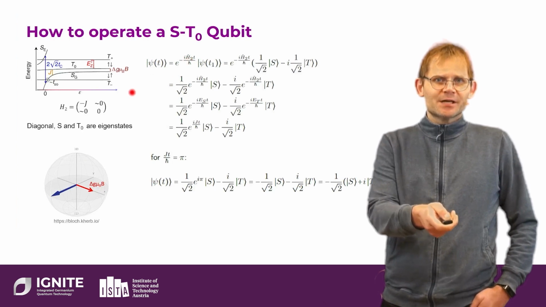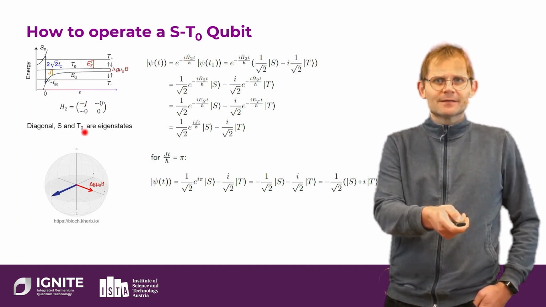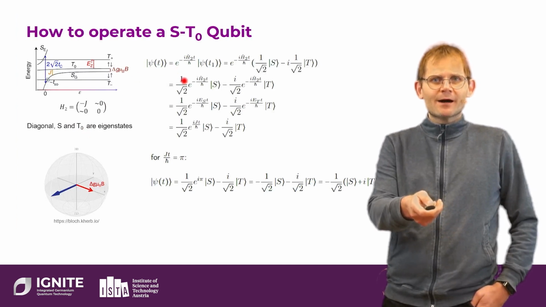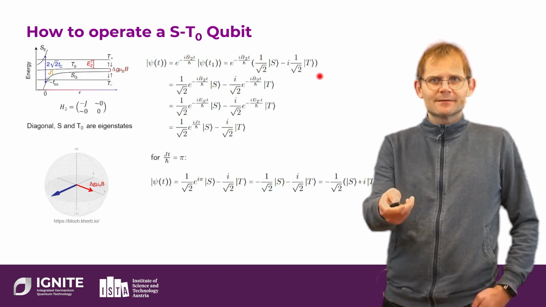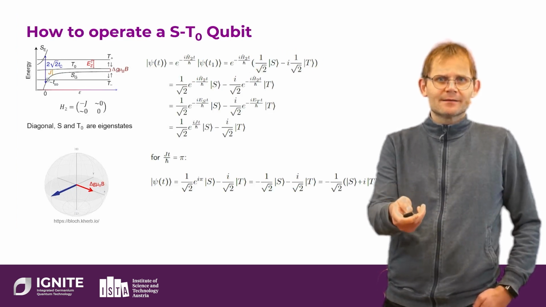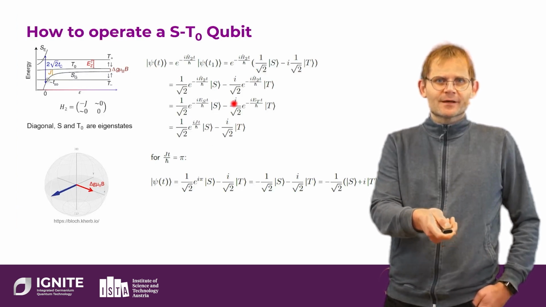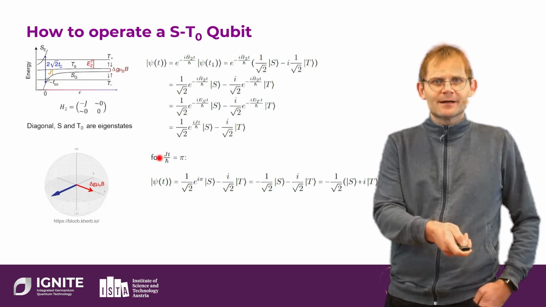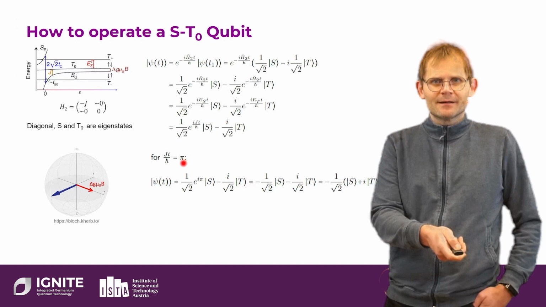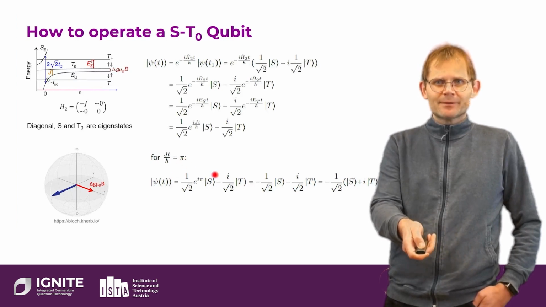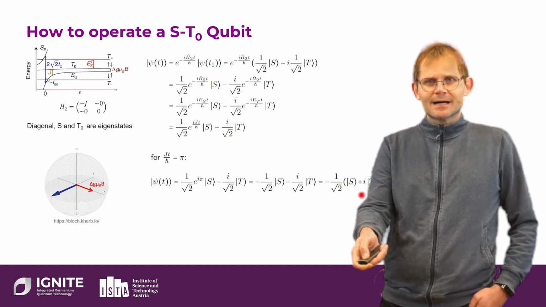Now our Hamiltonian has changed. So now we again have the diagonal Hamiltonian, which has the singlet and the T0 as eigenstates. If you now act with that operator on our new state, which we found in the previous slide, and you do the math, you will find that for the correct time, and by correct time I mean when the exchange interaction multiplied by the time divided by h bar is equal to pi, you will end up in the state minus 1 over square root of 2 singlet plus i triplet.